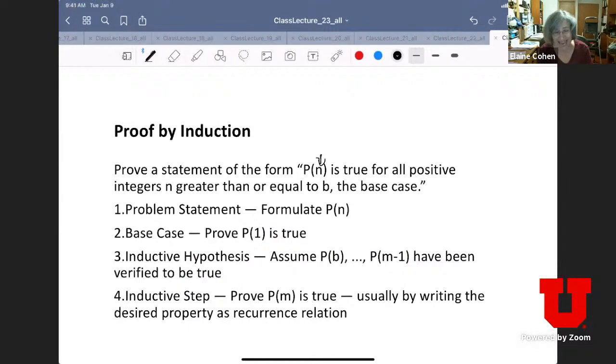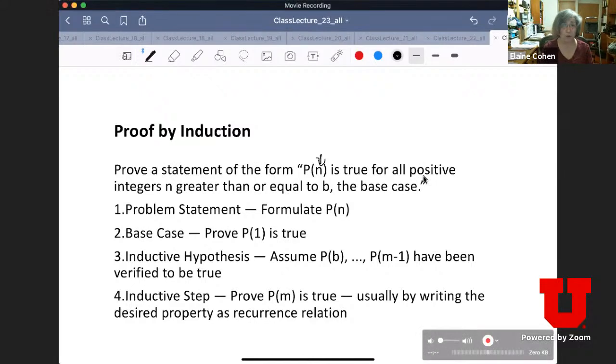We have to state the inductive hypothesis that says, assume in the strong induction case that P of B up to P of m minus 1 is true. They've been verified. And then you prove that P of m is true. Usually you will get this by writing the desired property as some sort of recurrence relation.